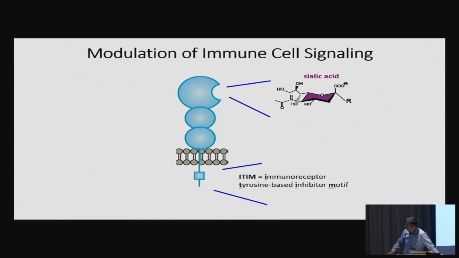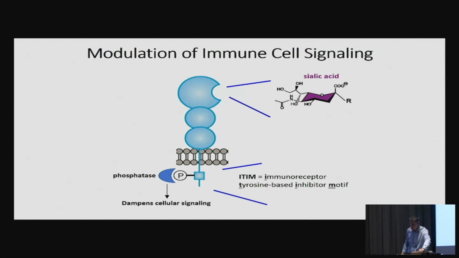Now I'm going to tell you a little bit about what these motifs do. This is going back to this image. We've got glycan binding on the outside of this cell through the V-set domain and immune cell signaling regulation through the cytoplasmic tail. So what happens to this ITIM? How does it do its job? Under a certain physiological condition or circumstance, and what that circumstance is really drives my lab, when does the siglec get phosphorylated? I'll touch on this in a little bit.